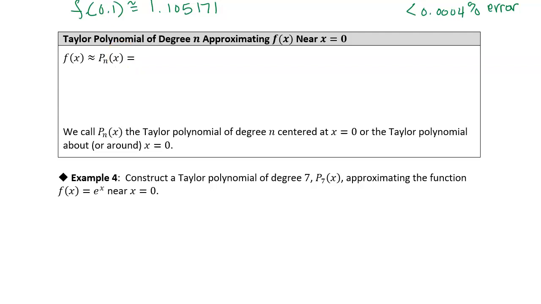All right. So now I'm going to give you the general formula for a Taylor polynomial of degree n near x equals 0.